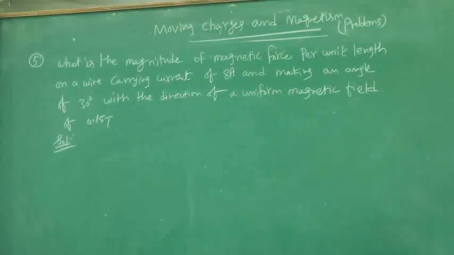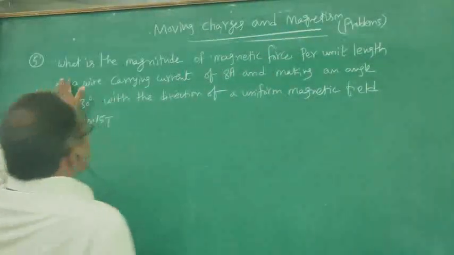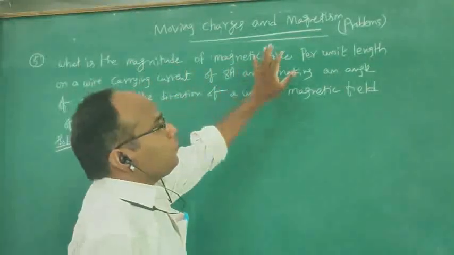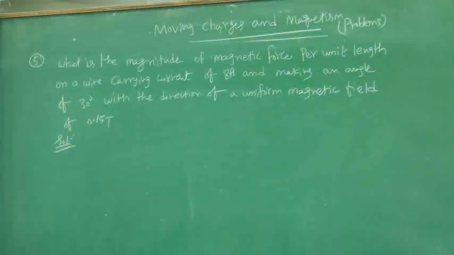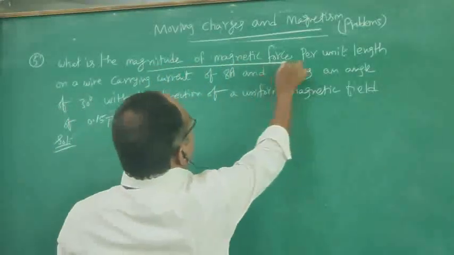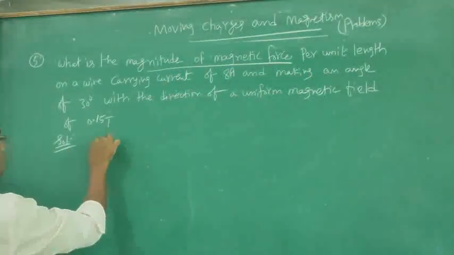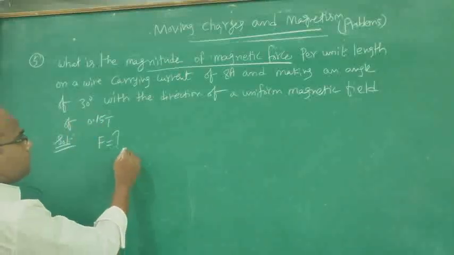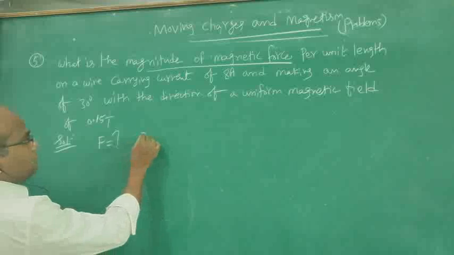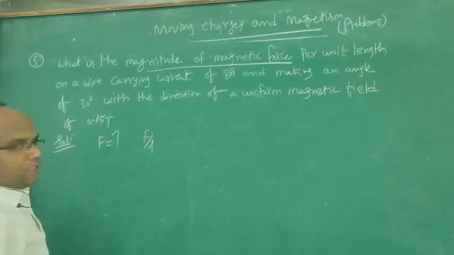Now, in the fifth problem, what is the magnitude of magnetic force per unit length? F is equal to question mark. Per unit length means force per unit length.